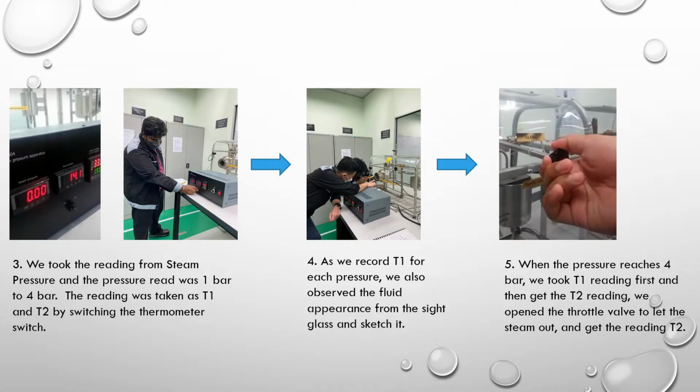As we record T1 for each pressure, we also observe the fluid appearance through the side glass and sketch it. When the pressure reached 4 bar, we took the T1 reading first and then the second reading for T2. We open up the throttle valve to let the steam out and then we get the reading of T2.